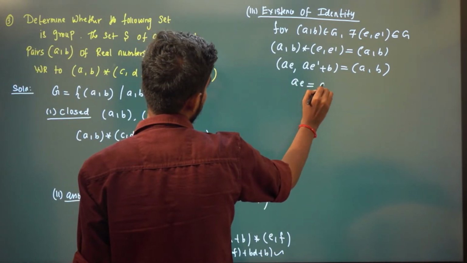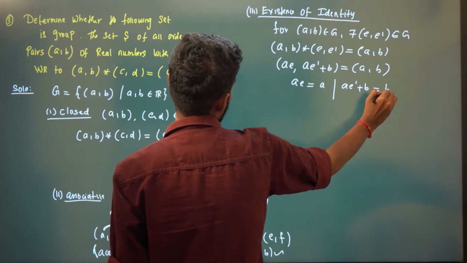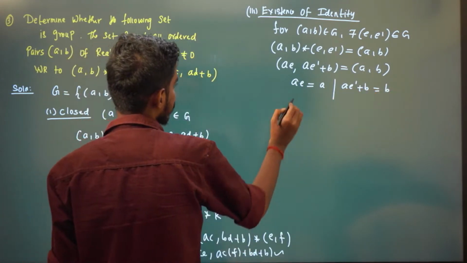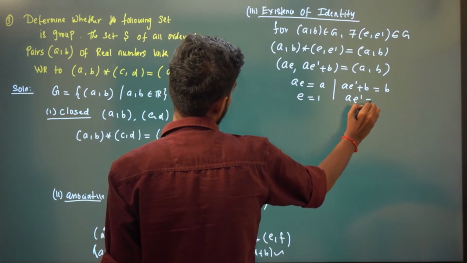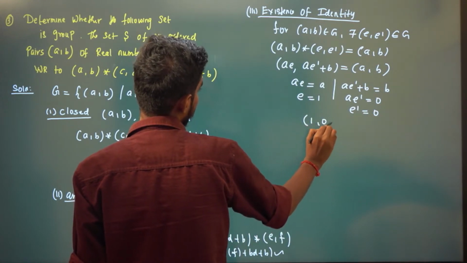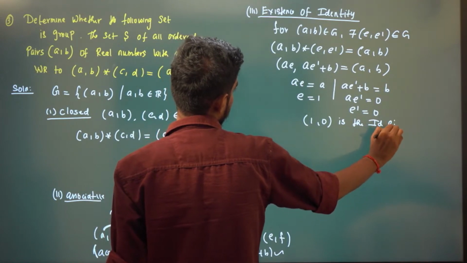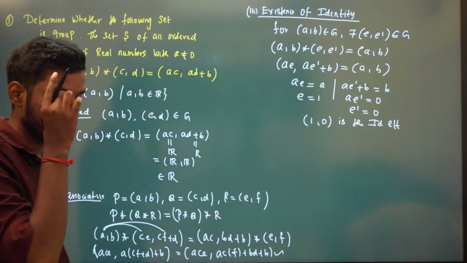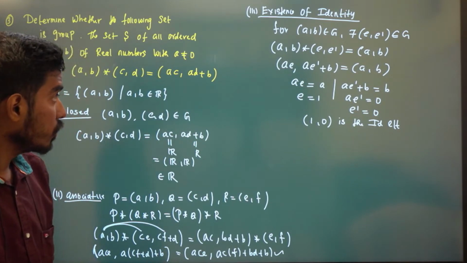That means AE has to be A, and AE dash plus B has to be B. That means E has to be 1. This means AE dash is equal to 0, so E dash has to be 0. So (1, 0) is the identity element. If you operate any pair with (1, 0), you will get that pair again.